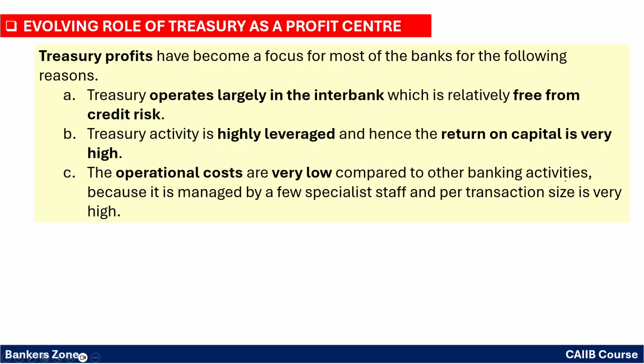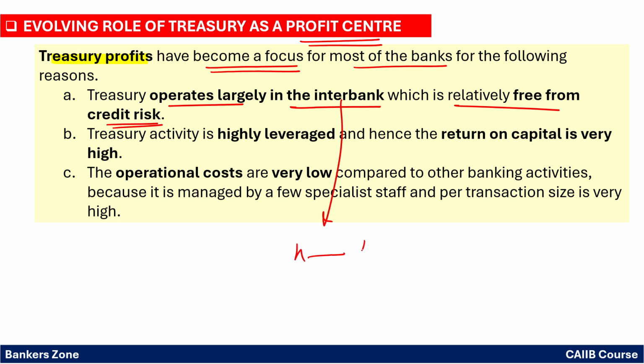Okay, now how can we say that treasury is a profit center? How can we say treasury has evolved as a profit center? Treasury profits have become more of a focus for most banks due to the following reasons. Why has treasury become a focus for more banks? Because treasury operates largely in the interbank market, which is relatively free from credit risk. So what does interbank mean? One bank giving money to another bank.